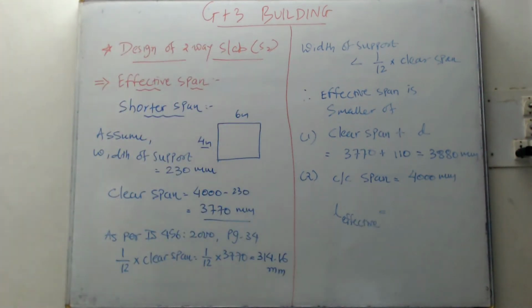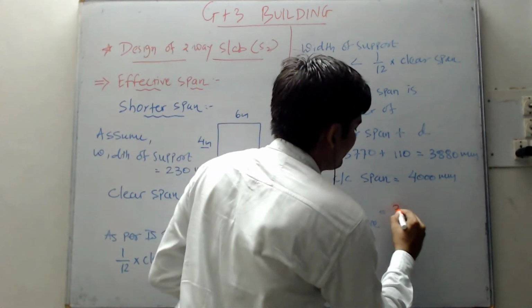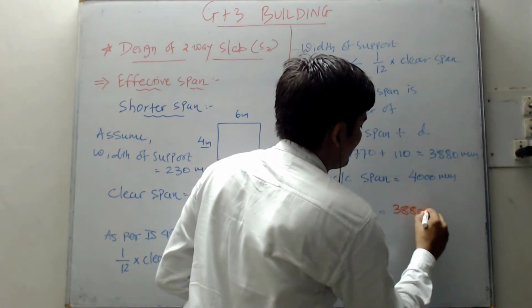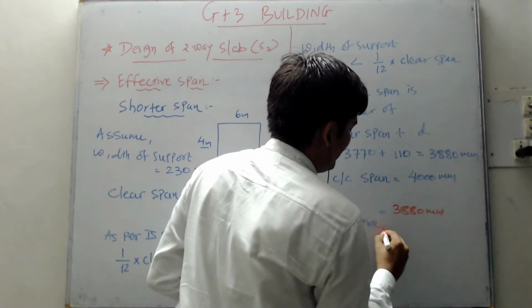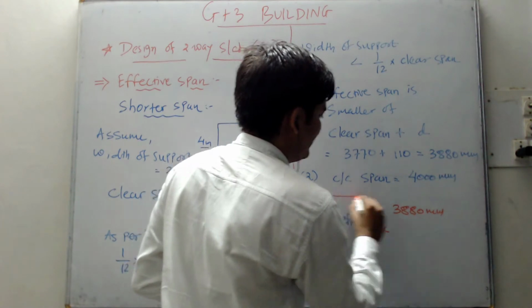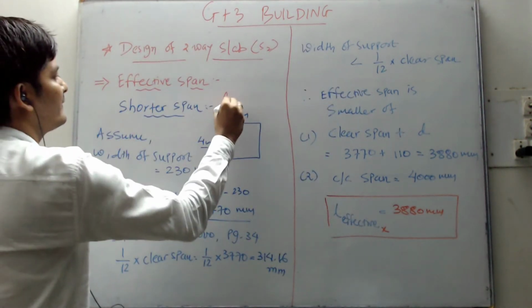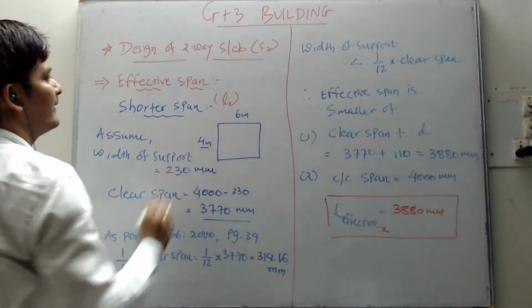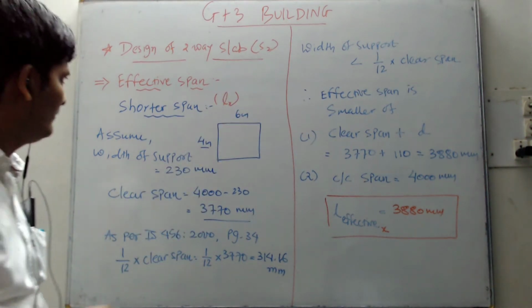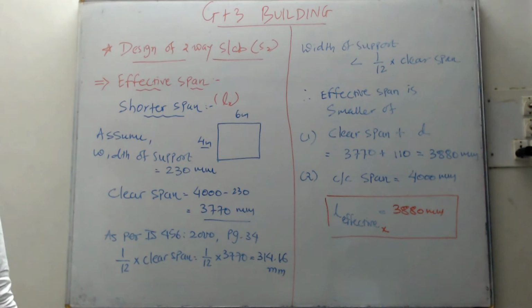So the smaller of these two values is 3880, right? This is in x direction. Shorter span, let us understand, this is Lx. So this is how you can calculate the effective span in one of the directions.